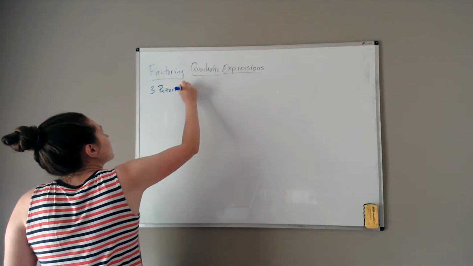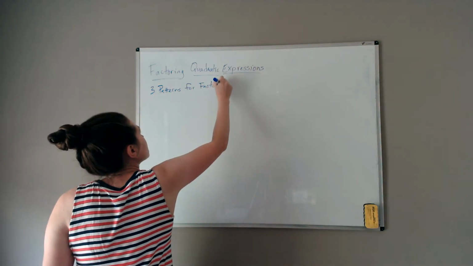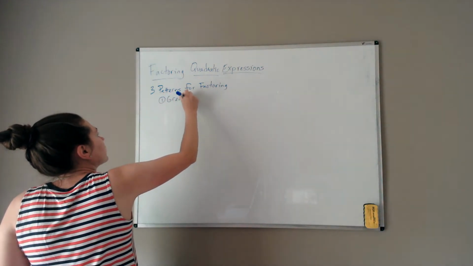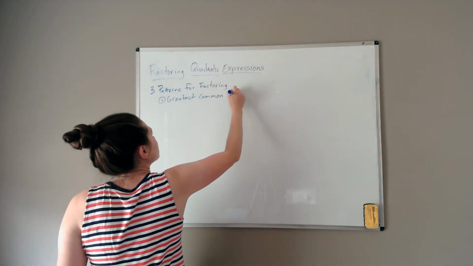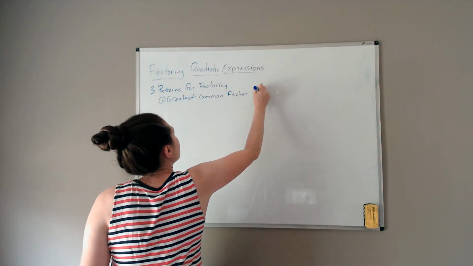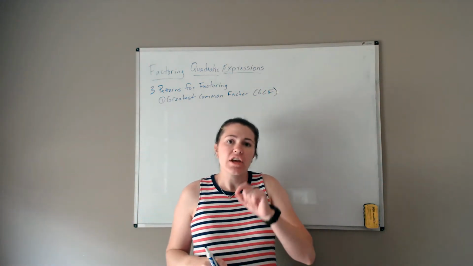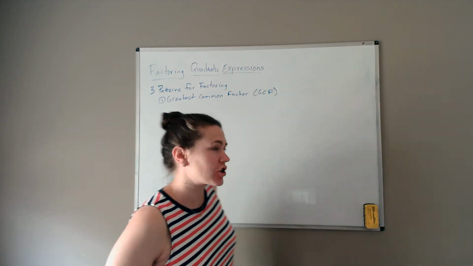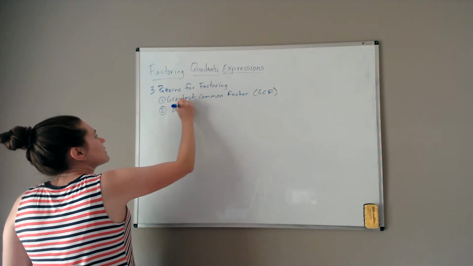Number 1 is going to be the greatest common factor, also known as GCF. You can factor out the greatest common factor, which is the greatest factor shared by every term in the expression. Number 2 is going to be the AC method.